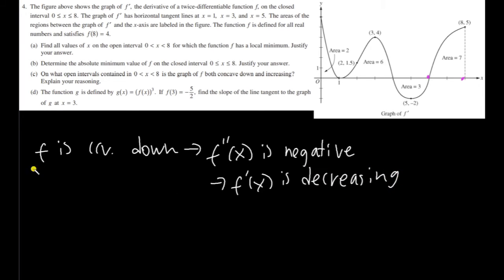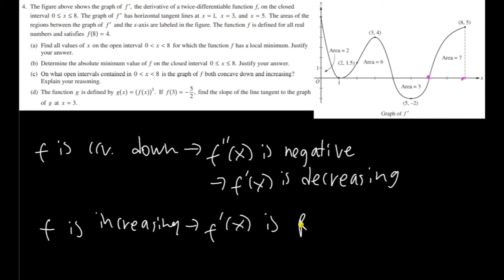Okay, so if f is concave down, then f prime of x is decreasing. Okay, and then we also know f is increasing. Okay, well, if f is increasing, that means f prime of x is positive, right? It has a positive slope, it's increasing. Okay, so we know that f prime is decreasing and it's positive.